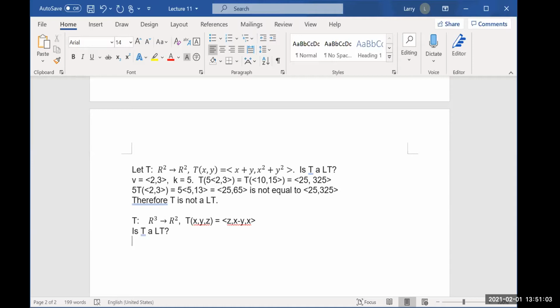With this new T, what do you think? Does it look linear or does it not look linear?